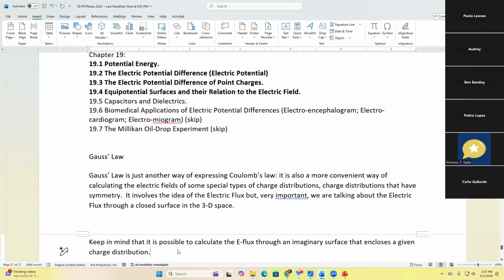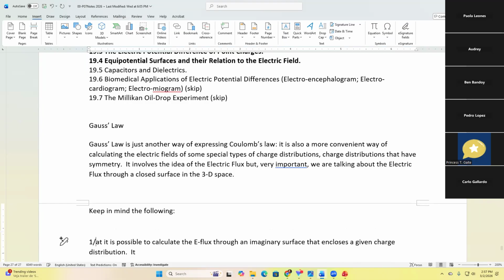What is not possible to do? Keep in mind the following. Let's organize here.